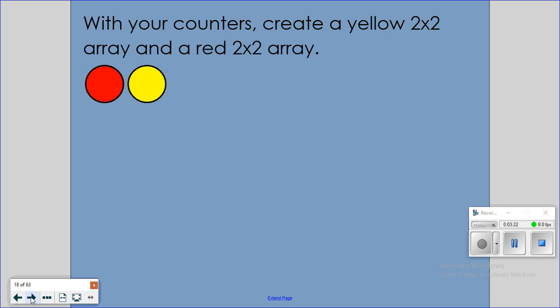Please make sure with your yellow counters, I want you to build a 2 by 2 array. 2 by 2, or 2 groups of 2. When you do that, above it or below it with your marker, go ahead and write the equation that matches a 2 by 2 array.